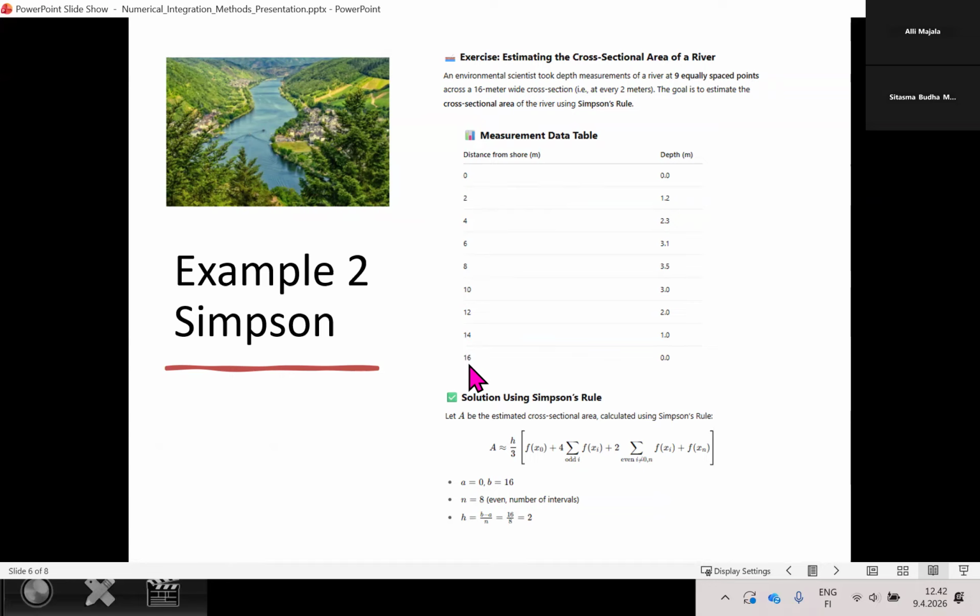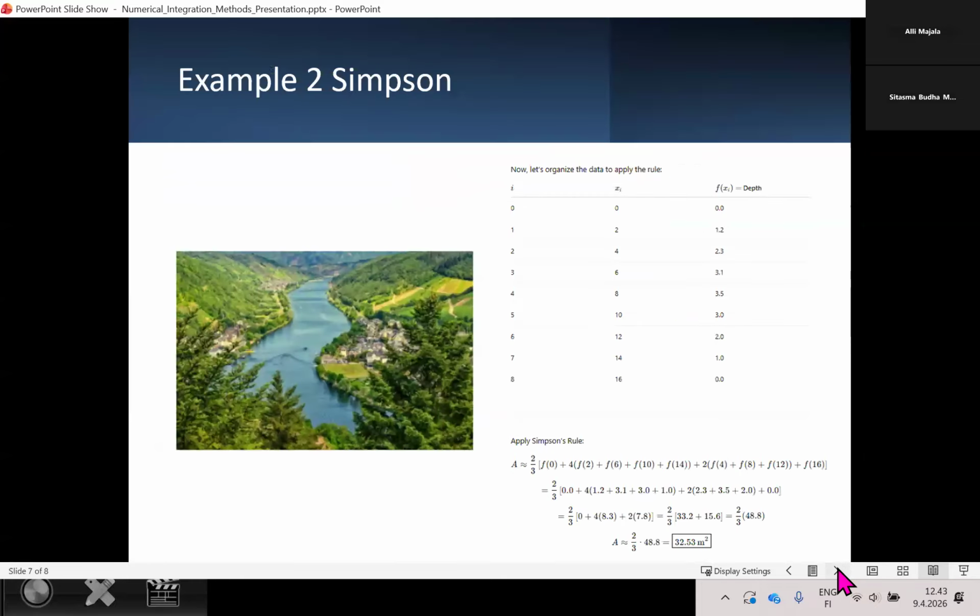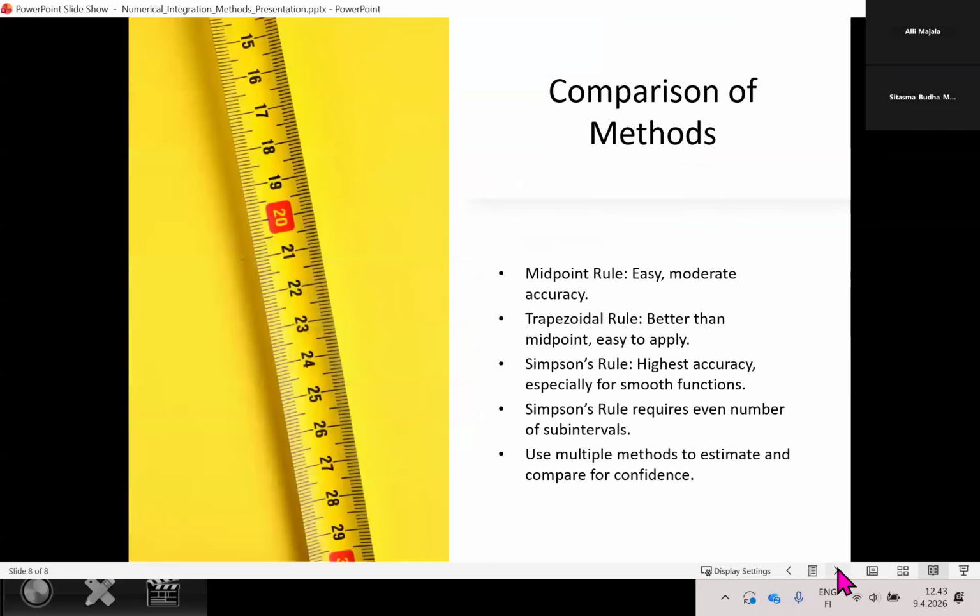And then you would have measured the depth. You want to estimate the cross-sectional area, and you can do it with this Simpson method. And we will be practicing this also in this lesson.